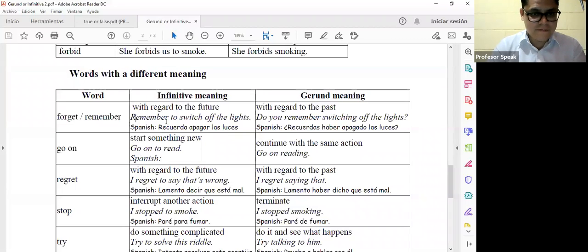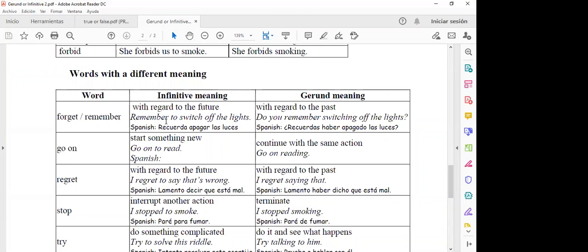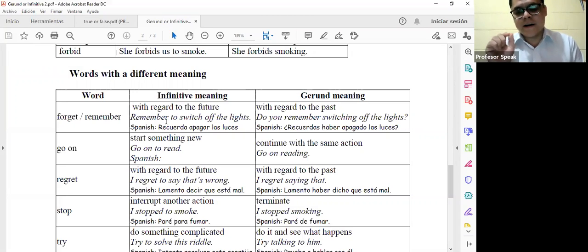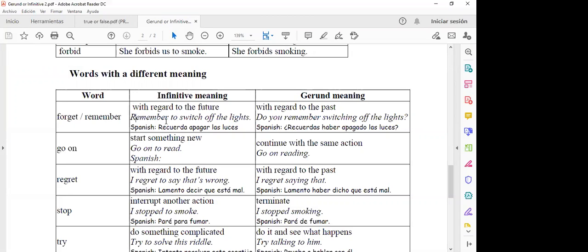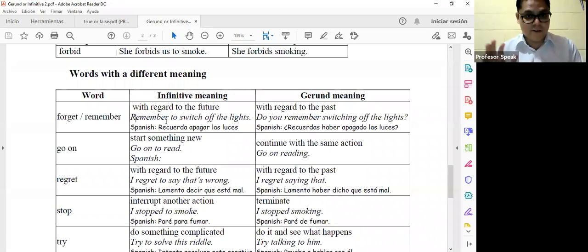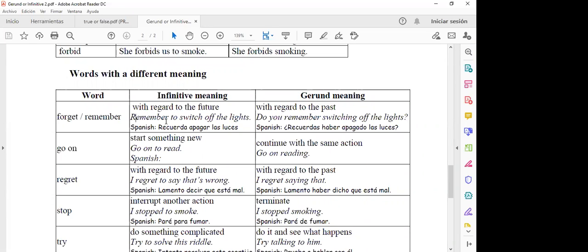Well, in this case, you have an example only with remember. But an example might be: don't forget to turn off the lights when you leave home.